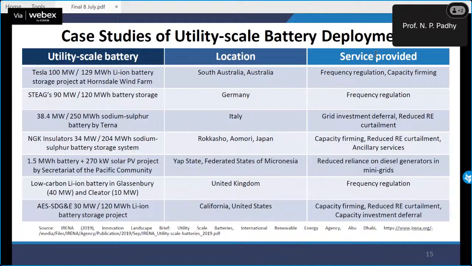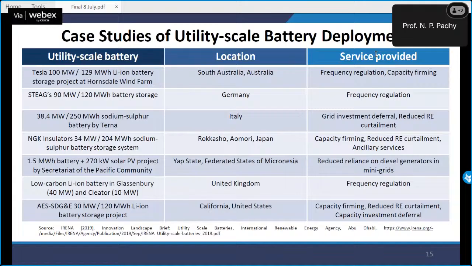So all of you please try to understand, don't get confused with this megawatt/megawatt hour, okay? I can have a battery of, let's say, 100 megawatt operating for 2 hours will give me 200 megawatt hour, all right? So don't get confused.